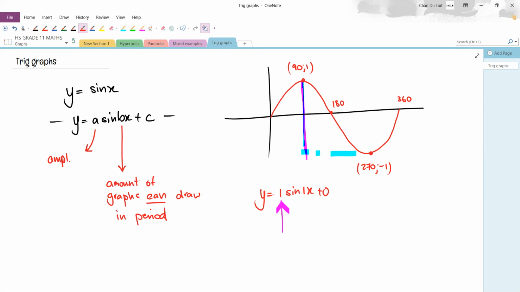So how many graphs can we draw in 360 degrees? We can only draw one. So there's a 1 there. And then the c value is just the up or down movement of the graph. If the graph is shifted up 1 or down 1, then you have a +1 or a -1. It can also shift 2 units up, then it's +2, or 2 units down, it's -2, or whatever.